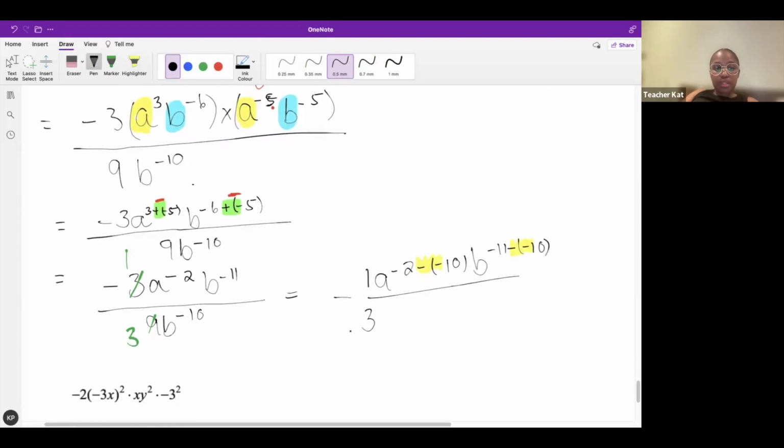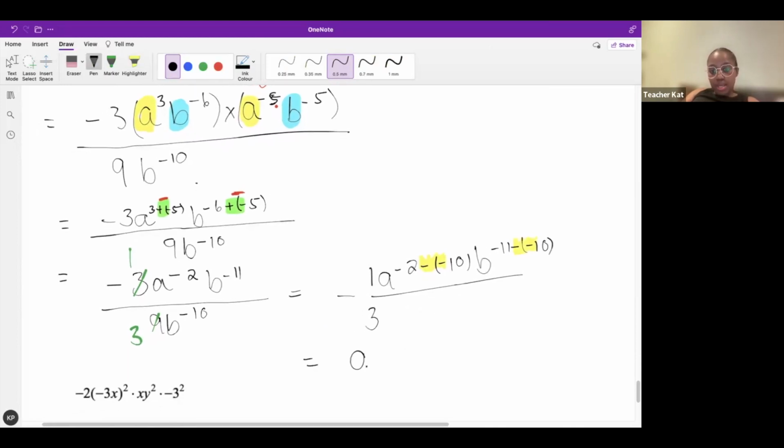So that means it will be a to the power of negative 2 plus 10, which is, let me write them here again in case someone is confused, negative 2 plus 10 is a positive 8.